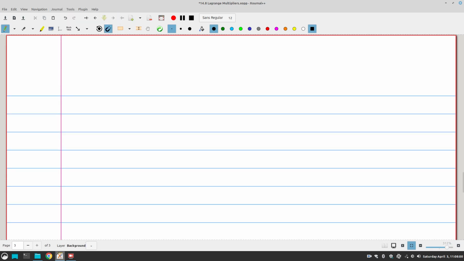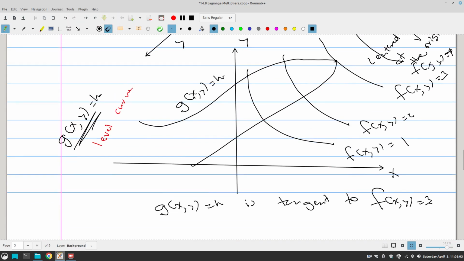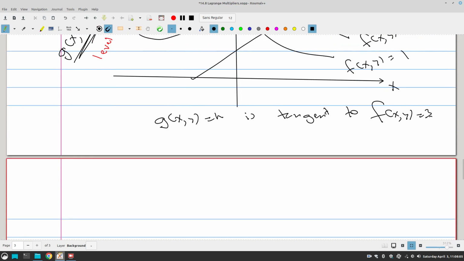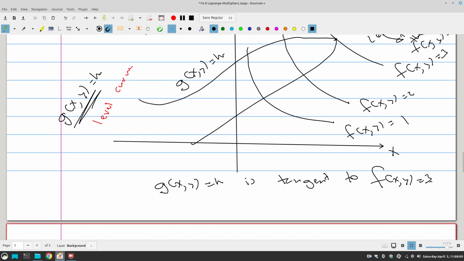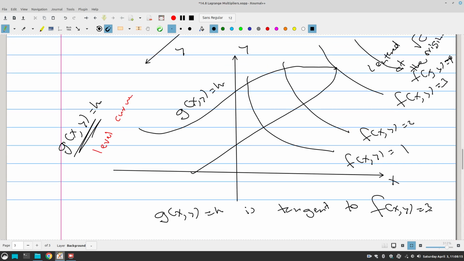Right? In that case, what happens? In that case, we know for a fact that they share a common tangent vector. g of xy equals k is tangent to f of xy equals 3, but it doesn't go any further, right? It doesn't go until f of xy equals 4 or 5. It just stops at f of xy equals 3. It doesn't go beyond 3.